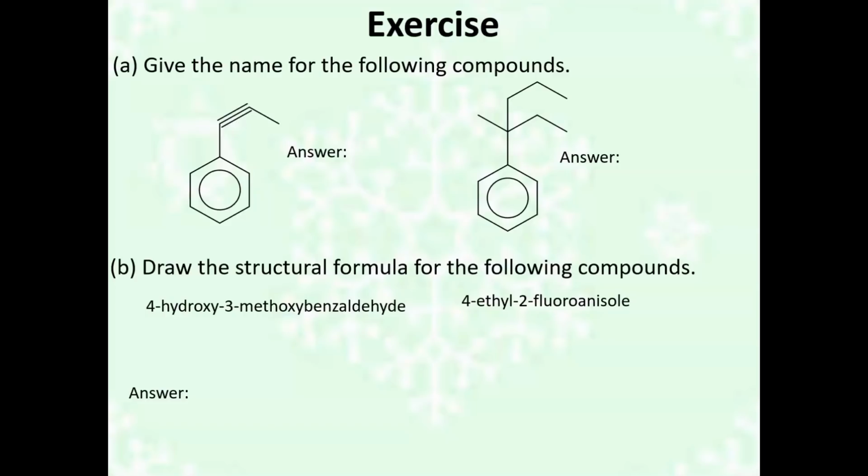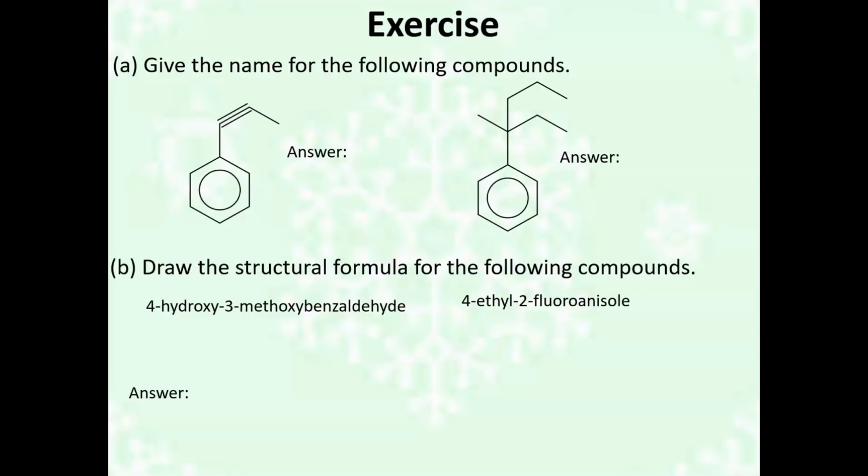This compound, for the first one, has a benzene ring and an aliphatic chain attached to it. Like we learned before, if it has a chain containing another functional group, for example an unsaturated chain, even with fewer carbon atoms, the benzene ring is considered as a substituent. So the parent name is propyne, and phenyl is the substituent.